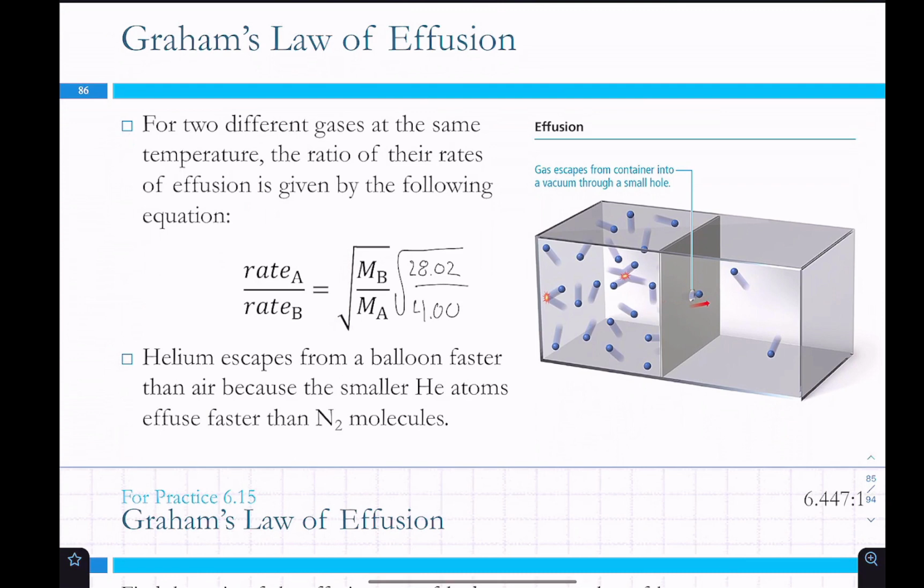So the square root of that is going to be 2.65.